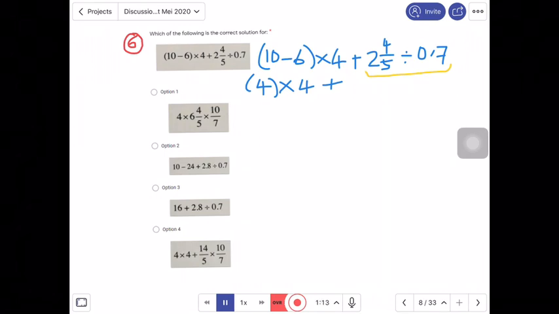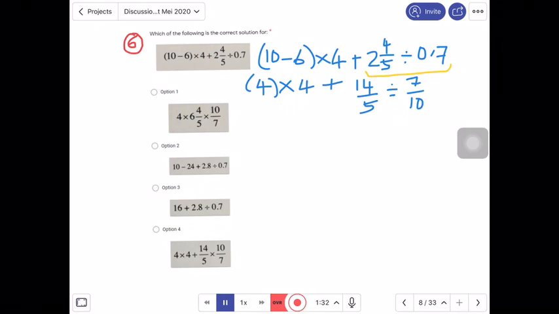Okay, so it's 14 over 5 divide 0.7, or I prefer to write 7 over 10.